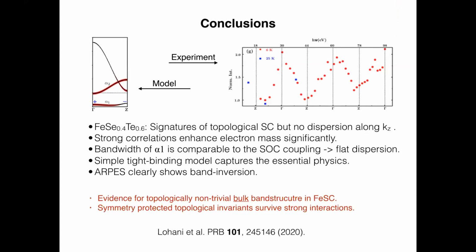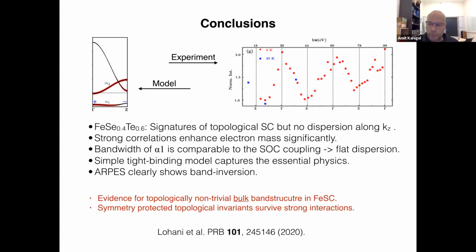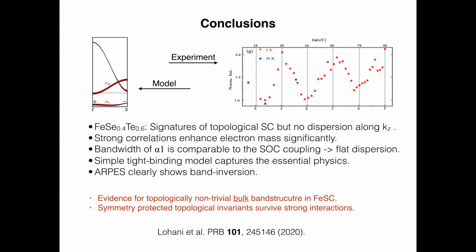I'm just asking because in principle there is the possibility that at the Z point some other orbital is mixed in. I have no suggestion for what is actually happening, but let's suppose that the x squared minus y squared orbital is stronger at the Z point. It could actually give the same signature in your data.